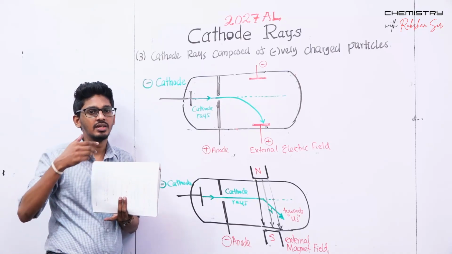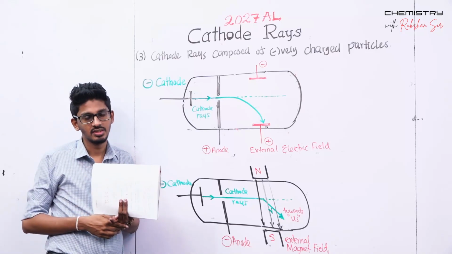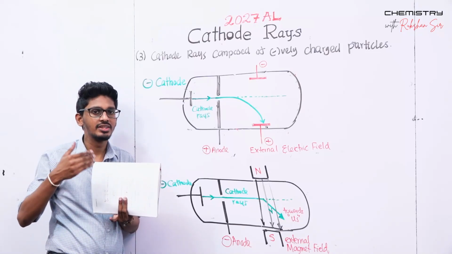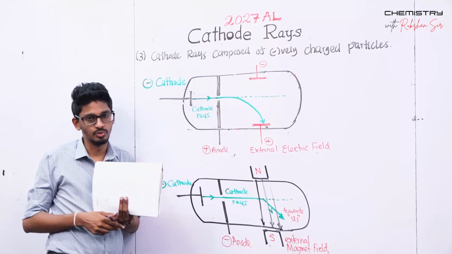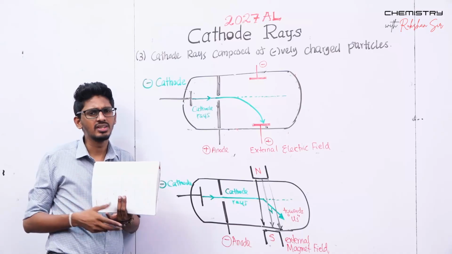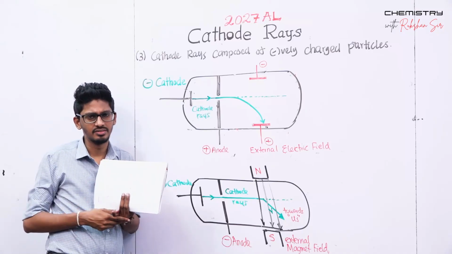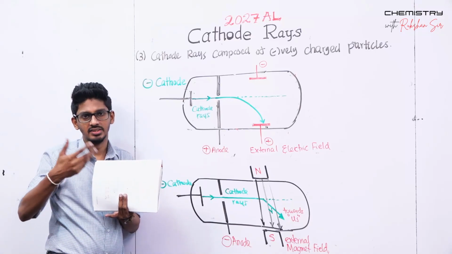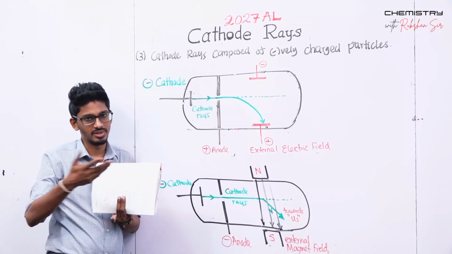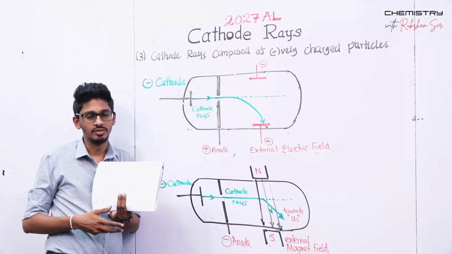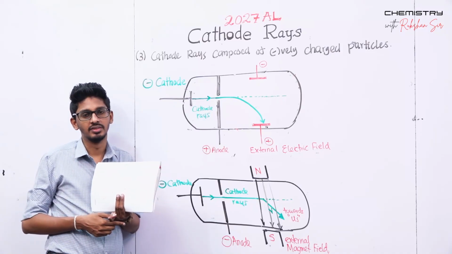Anyway, when you study those questions, you will come across more properties of cathode rays, not only the three given in the resource book. The resource book mentions only three: they travel in straight lines and emit from the cathode; they have mass, kinetic energy and momentum; and they are a beam of negatively charged particles.